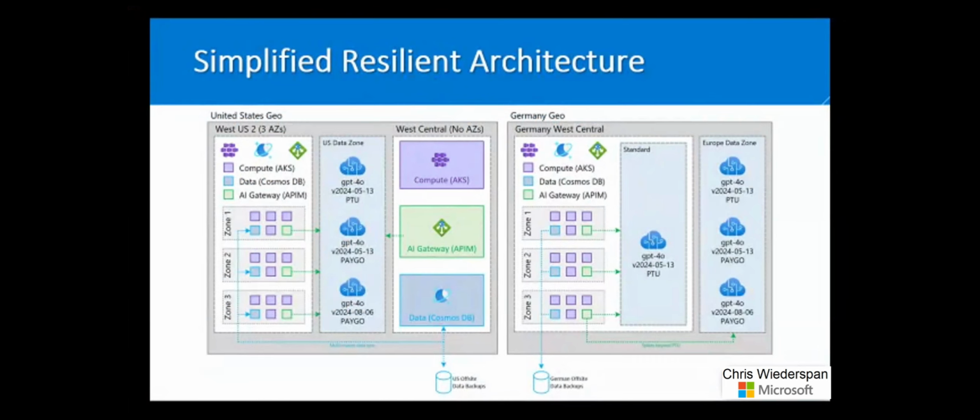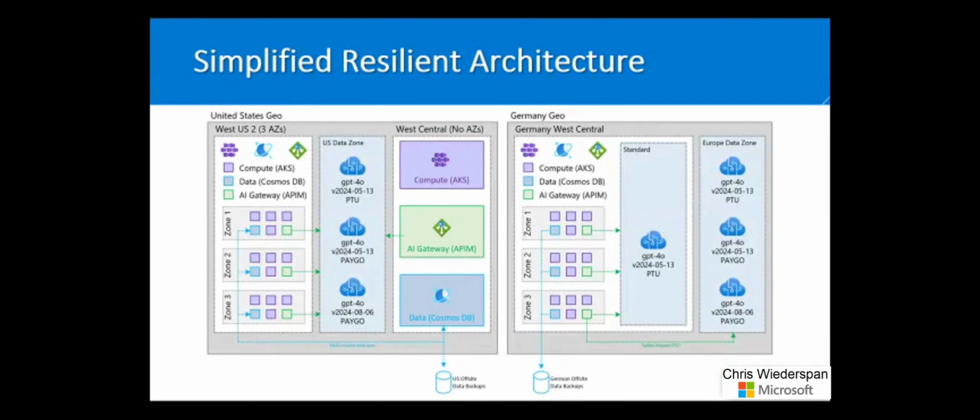Yeah, so this is my simplified architecture, right? The idea here is that if you want to be HA and you want to have disaster recovery and you're using GenAI, this specific snapshot of an architecture is very GenAI focused, just because we're talking about some of the data zone usage and those kinds of things.